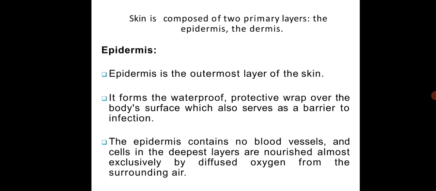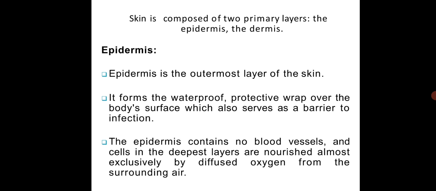The epidermis layer does not contain blood vessels, and generally its deepest layers will be nourished exclusively by diffused oxygen. It will be diffused directly from the surrounding air or from the atmosphere.